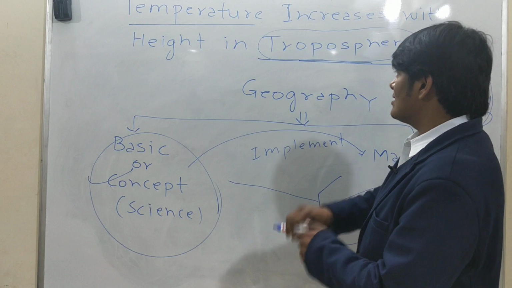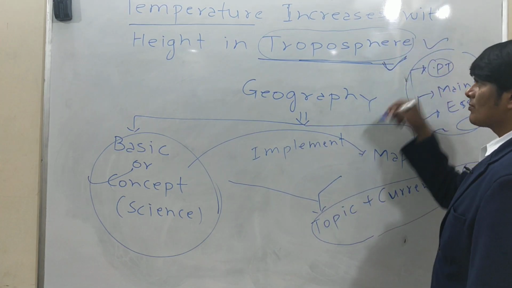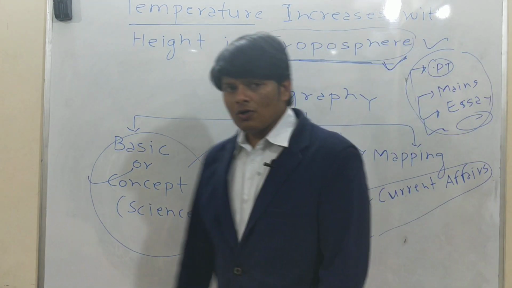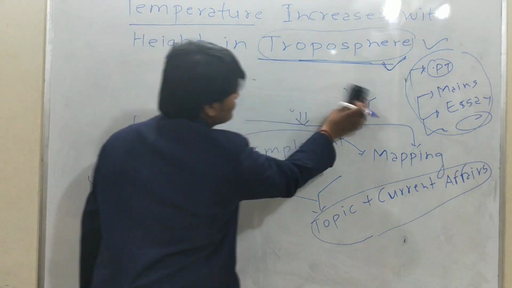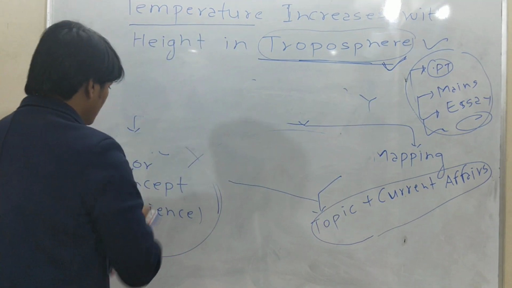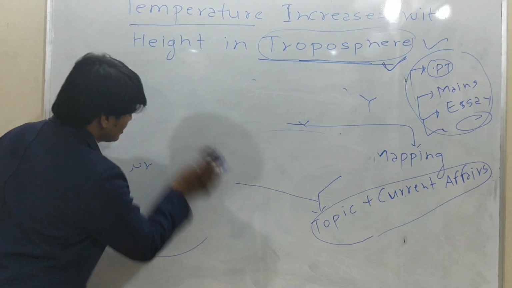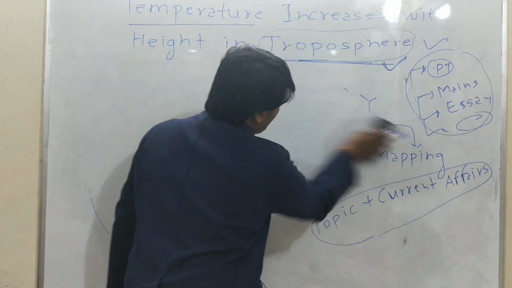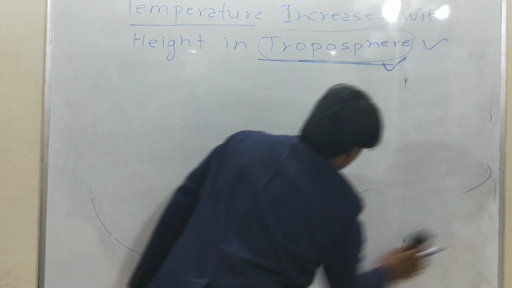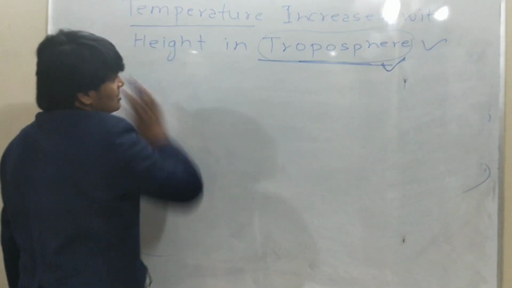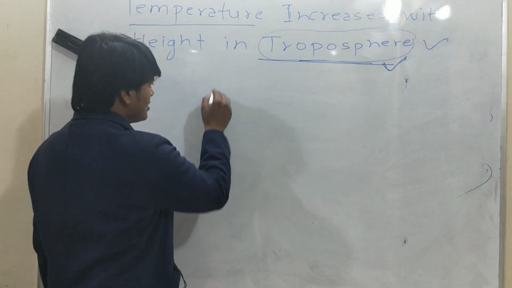So the second keyword is troposphere. The question rises here: what is the troposphere? We have understood the way of my teaching, and now we have come to today's section, where we have to understand what the troposphere is.